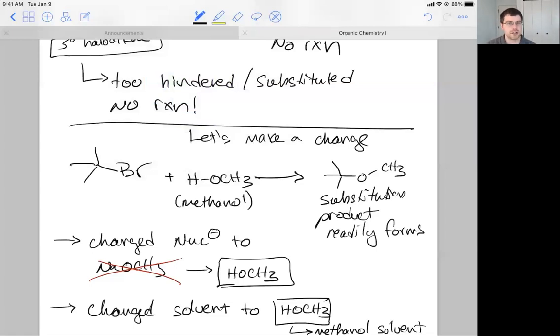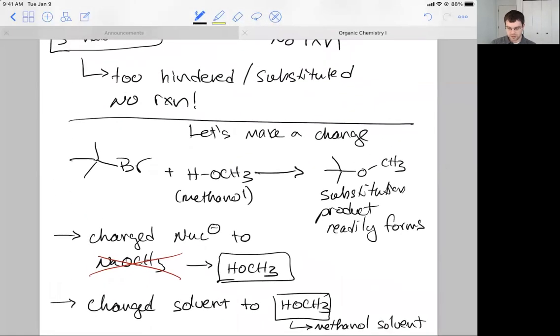So this is a reaction where we see the breakdown of our haloalkane, right? It's sort of lysed or decomposed by the solvent, where the solvent is both the nucleophile and the solvent. So what we call this is a solvolysis reaction. And I'll define solvolysis on the next page.